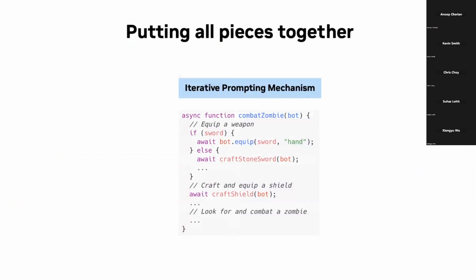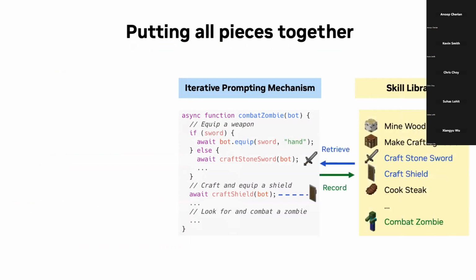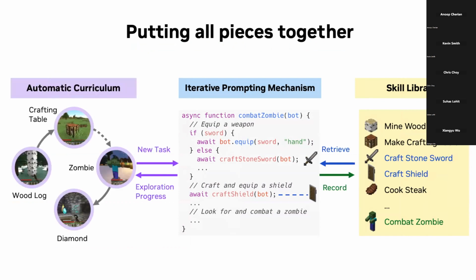So after we put all these together, we have this iterative prompting mechanism that refines the program intelligently, as well as a set of skills that can act like a replay buffer. And finally, we have an automatic curriculum that acts like curiosity exploration or curriculum learning.